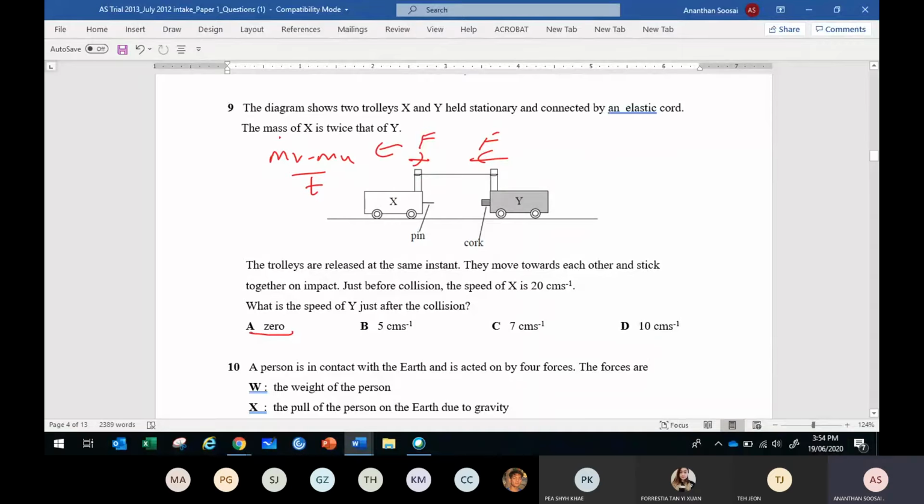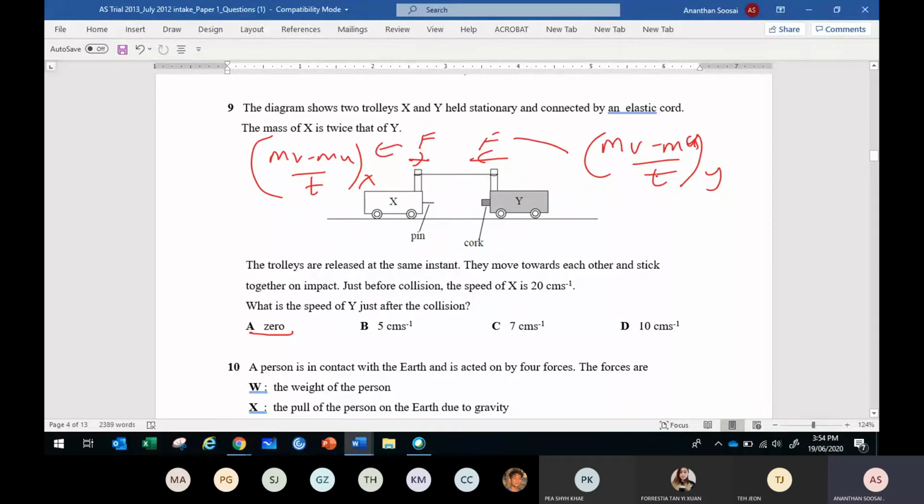This is for X, and this force is, of course, the rate of change of momentum for Y. Okay, good. Two of you said A, the same answer. So the force pull is the same, so the rate of change of momentum of X and Y must be the same. Newton's second law.